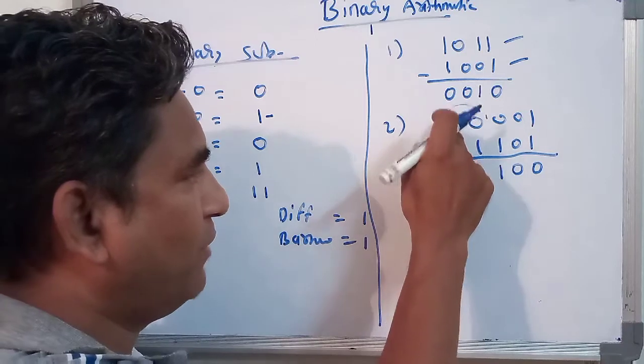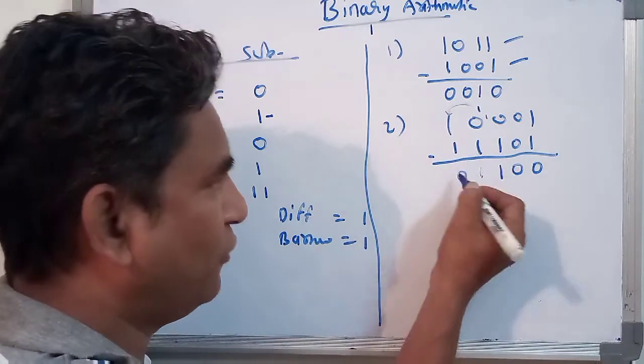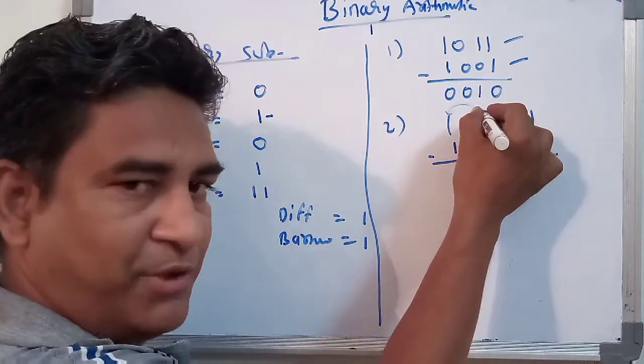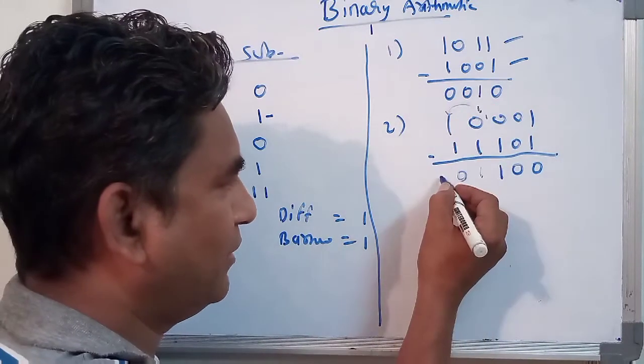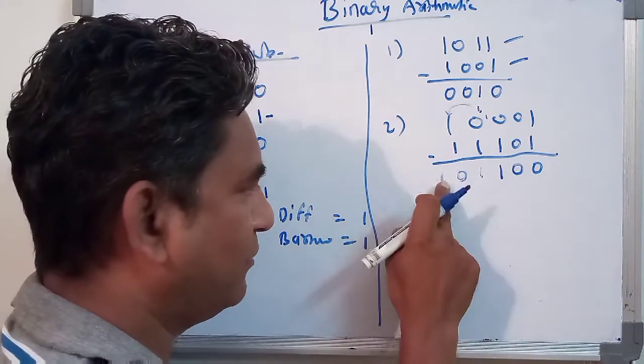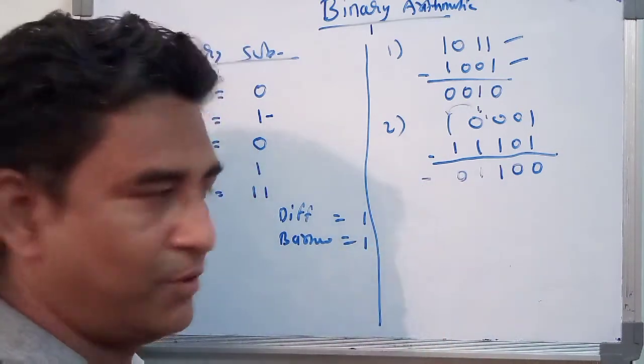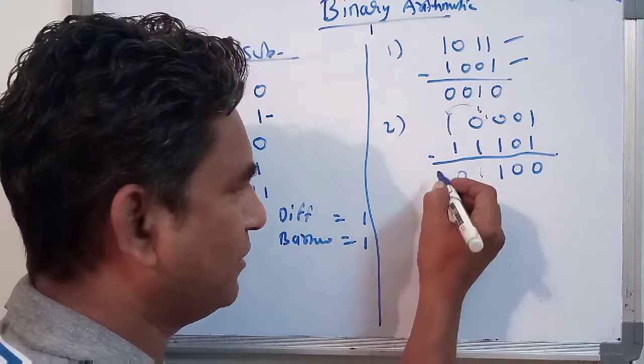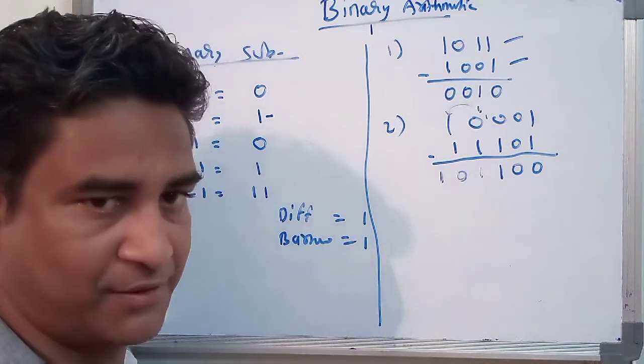Okay, so 1 minus 1 is 0, and as the 1 has occurred here, this one is nothing but like this. Okay, you may write down this one as a minus also, but for that particular indication this one has to be written like this.